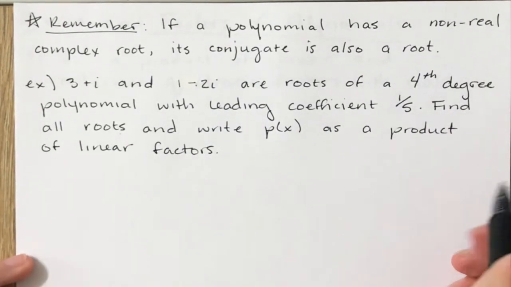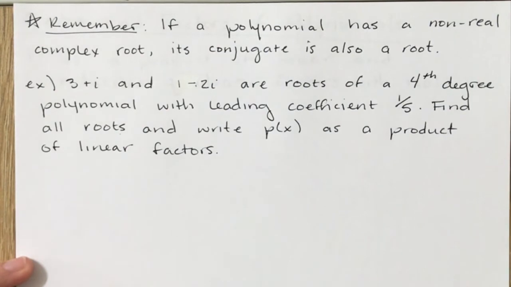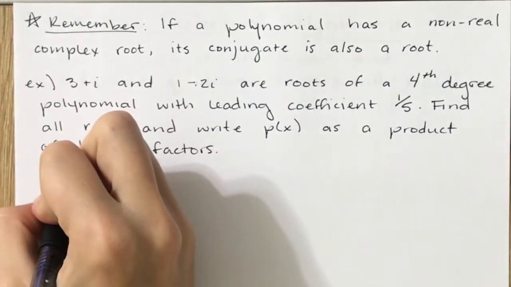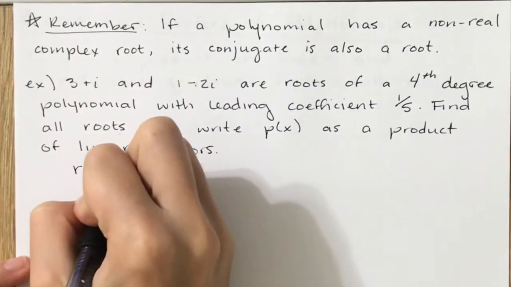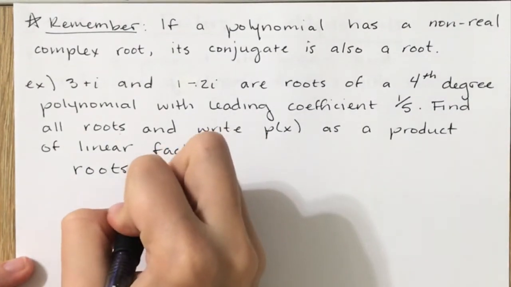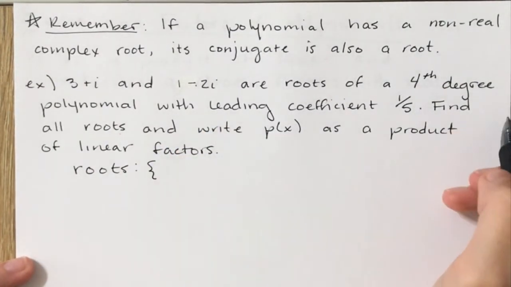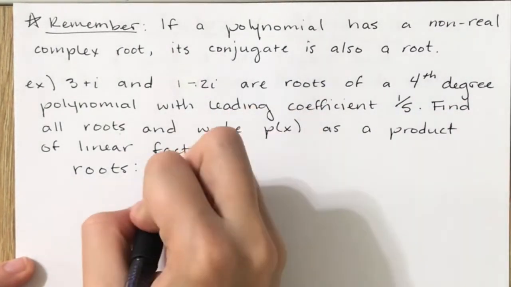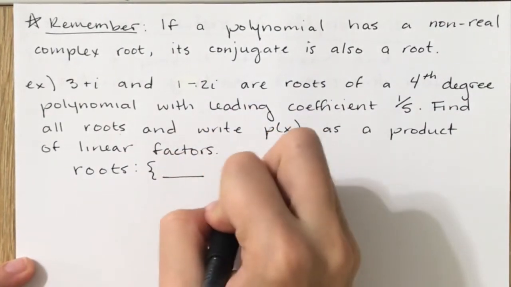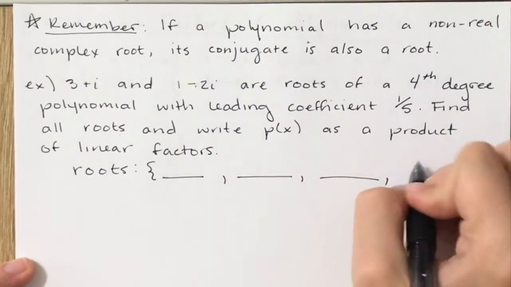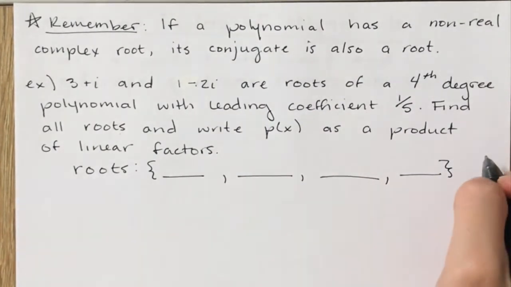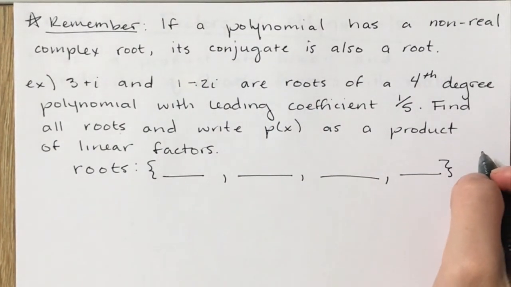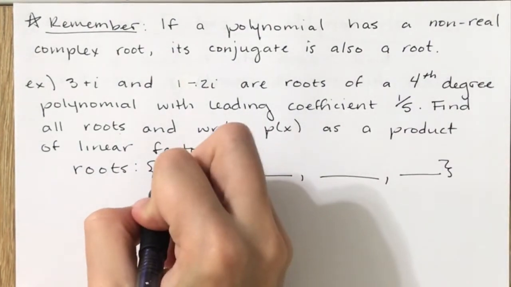Okay, so the first thing we're asked to do is write out all of the roots. So how many roots do we have here? Again, the number of roots is equal to the degree. What's our degree? It's 4, so we have 4 roots. 1, 2, 3, 4. First of all, we know we have 3 plus i.